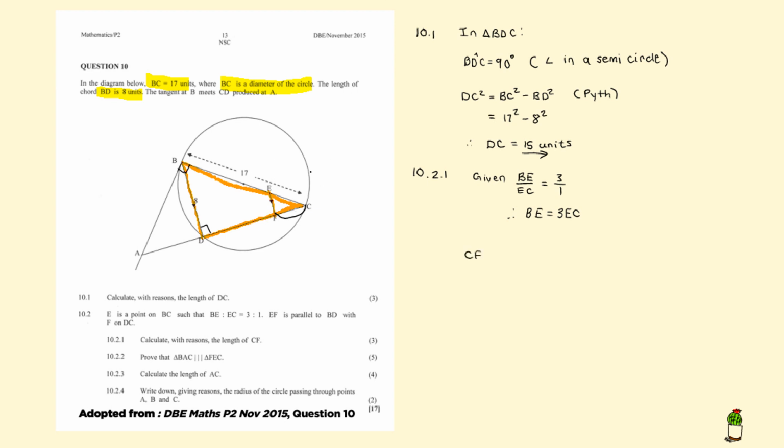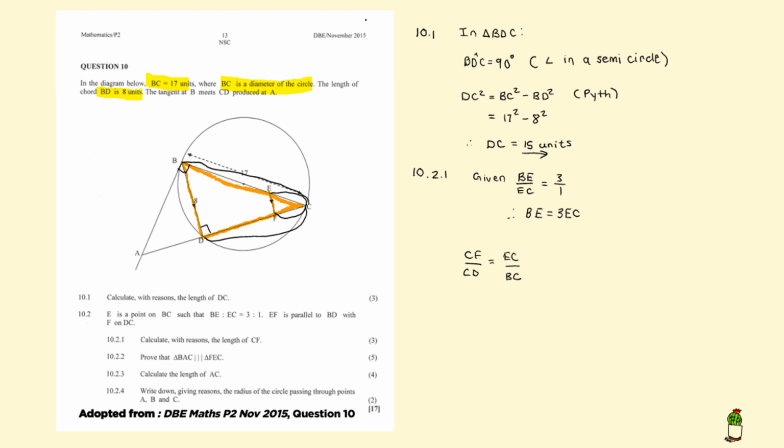If I take the proportion CF to CD, this should be the same as the proportion of EC to BC.